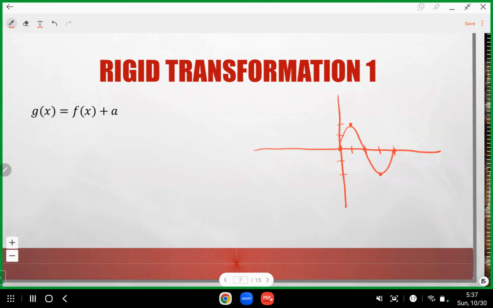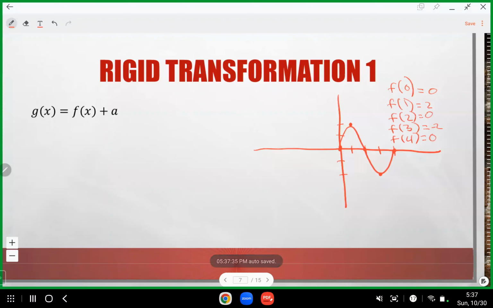So let's look. We see that f of 0 is equal to 0, f of 1 is equal to 2, f of 2 is equal to 0, f of 3 is equal to -2, f of 4 is equal to 0.